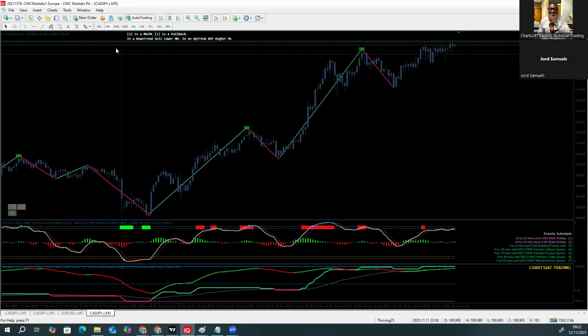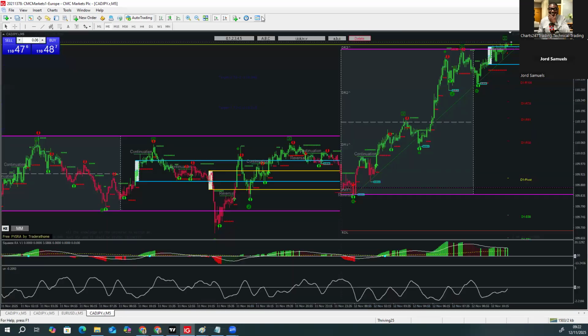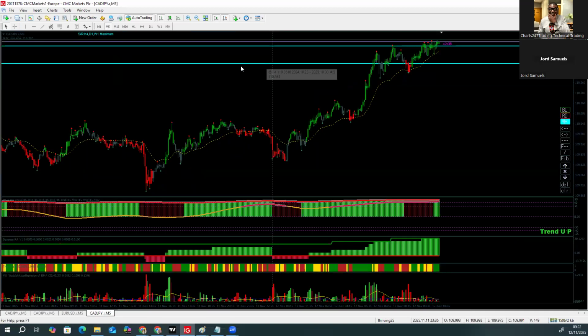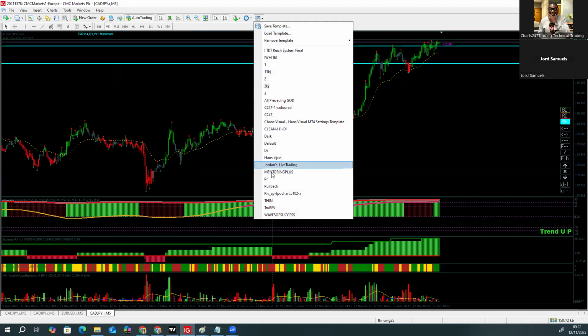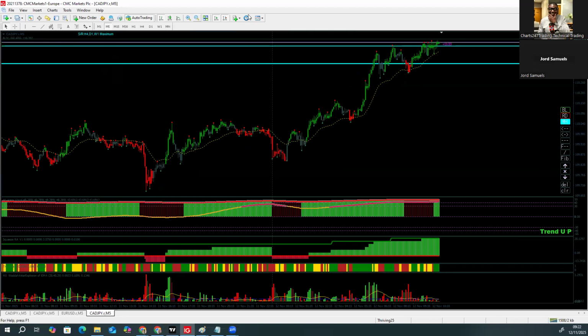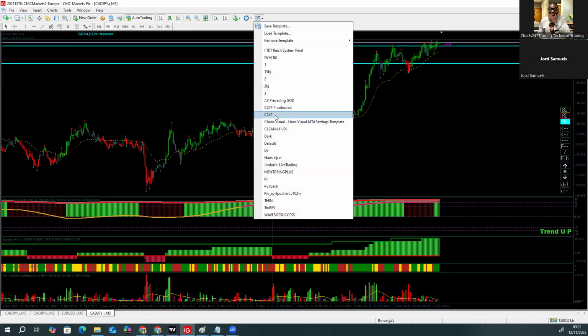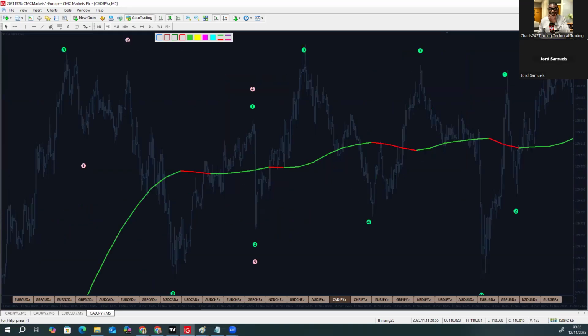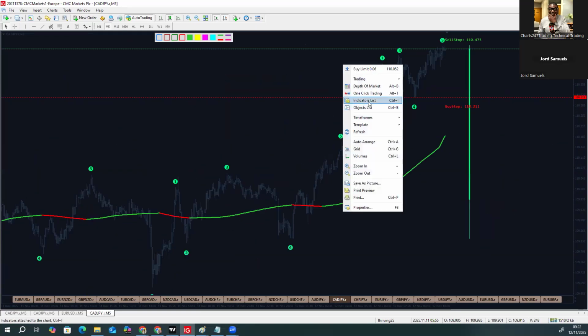So, what do we have here? I'm trying to find it. Oops, that's not a clean chart. Sorry, let's use your template, but I'm just going to remove the indicators.